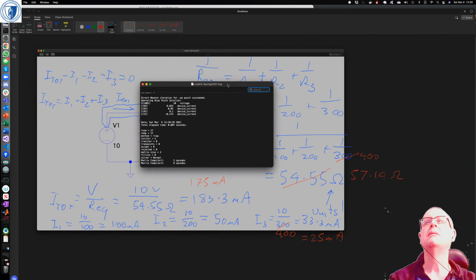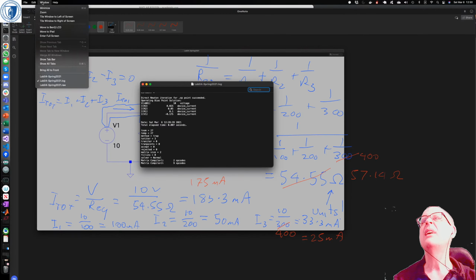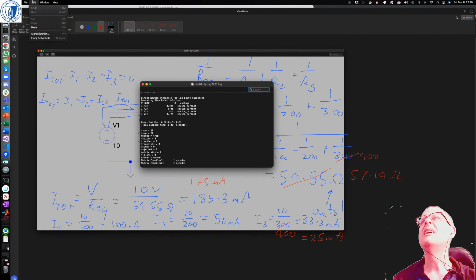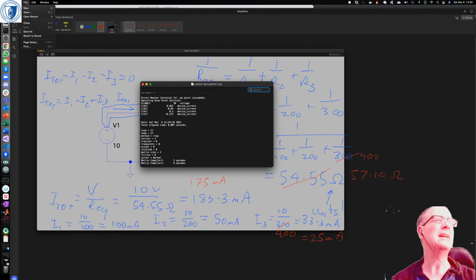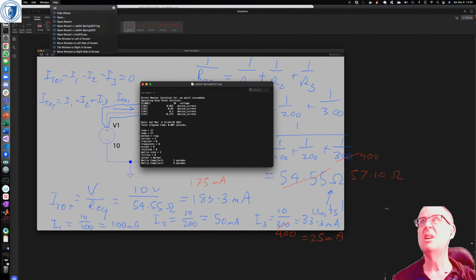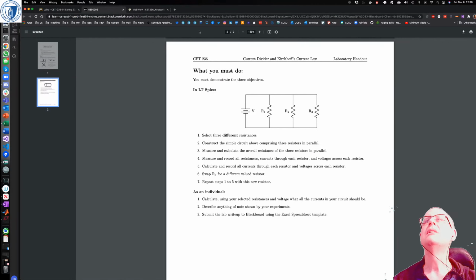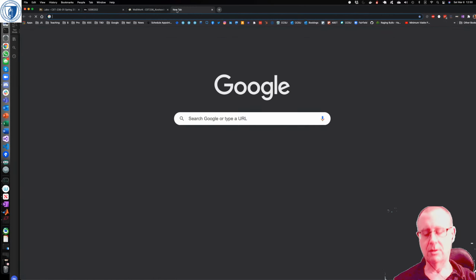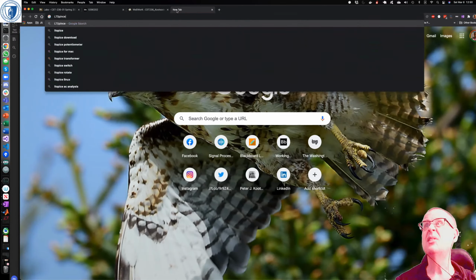How do you get that screen? So I'm running under macOS, and it's Command L. So I suspect it's Control L under Windows. Let me just see if I can Google the answer. LTspice.